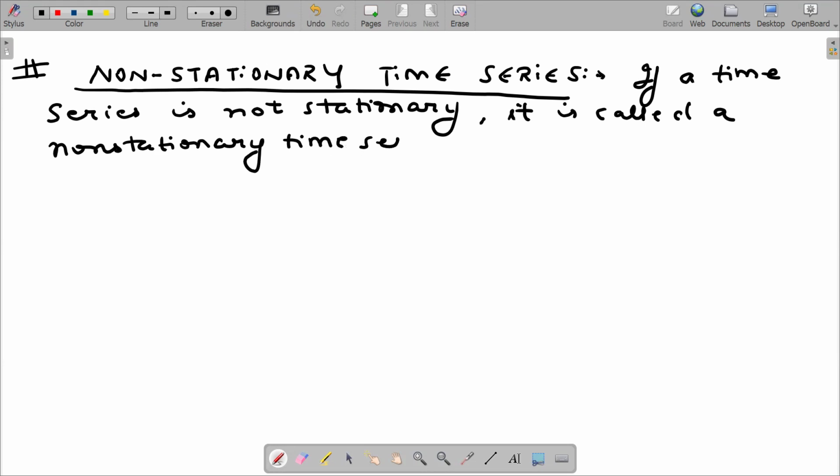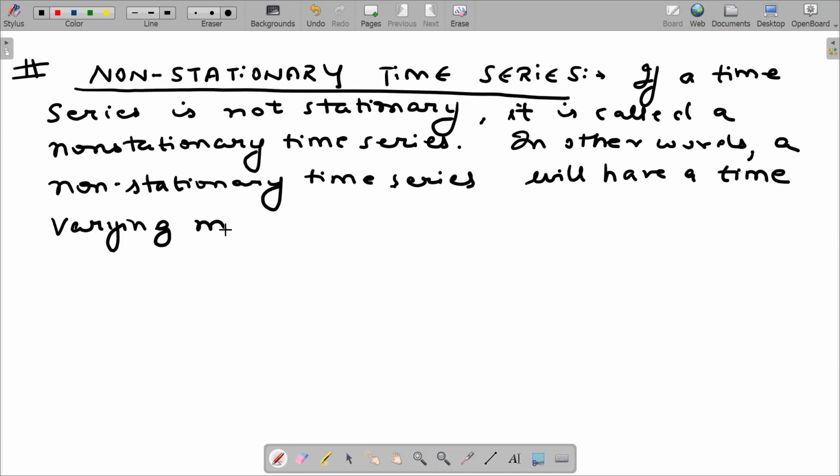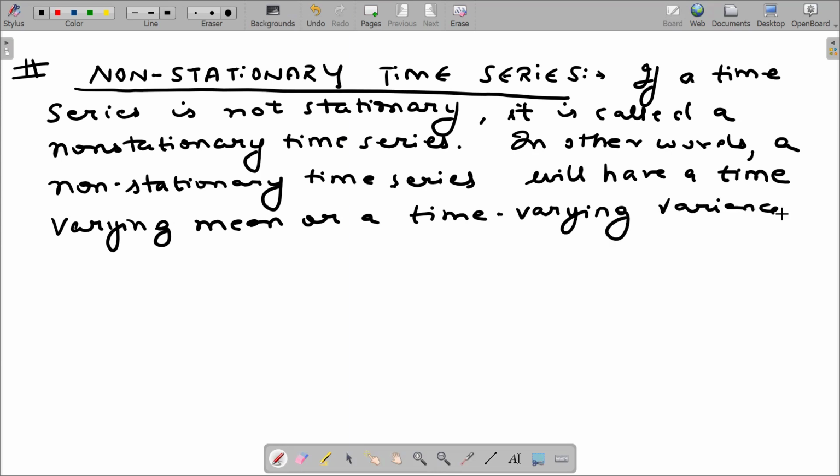In other words, a non-stationary time series will have a time varying mean or a time varying variance, or both.